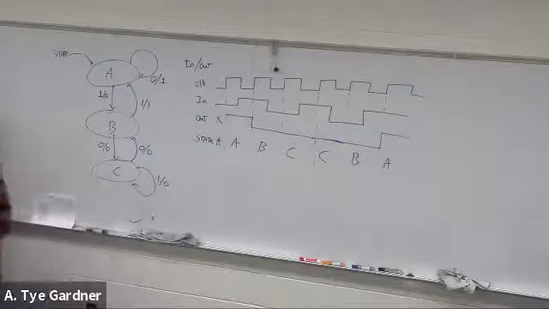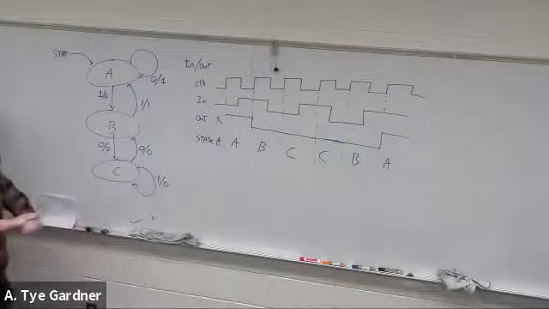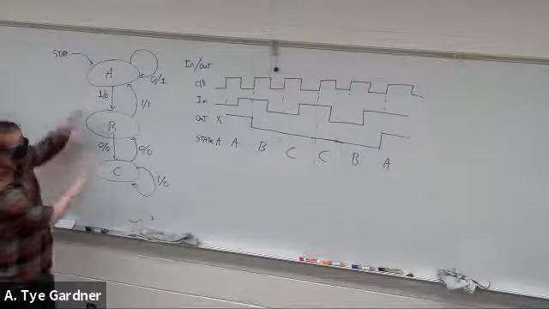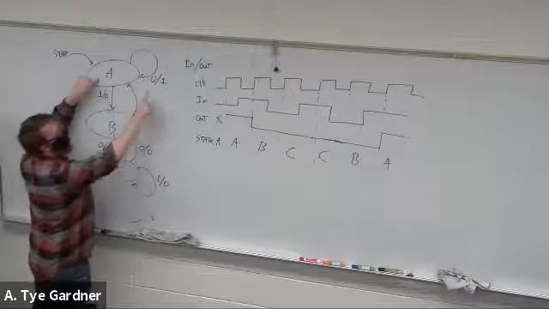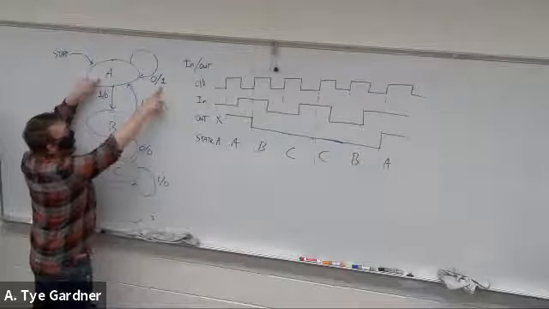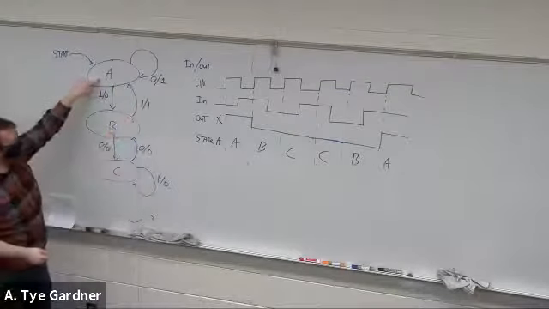Now, I could describe what the state machine is doing more or less. Let's puzzle it out, right? It's basically saying, well, in this case, I assert an output if I'm in A and get a 0, which happens if I have a long string of zeros, right?